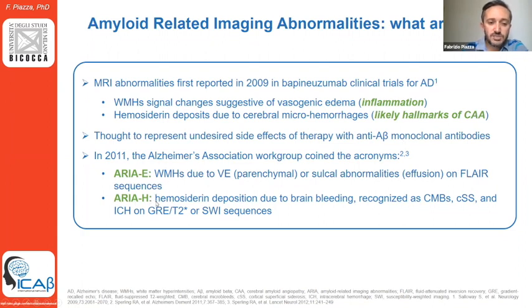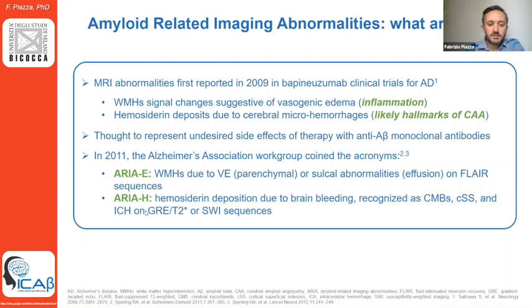While ARIA-H represents hemosiderin deposition on the surface of the brain, and these are due to brain bleeding events and are recognized as cerebral microbleeds, cortical superficial siderosis, or large microhemorrhages, so intracerebral hemorrhage.